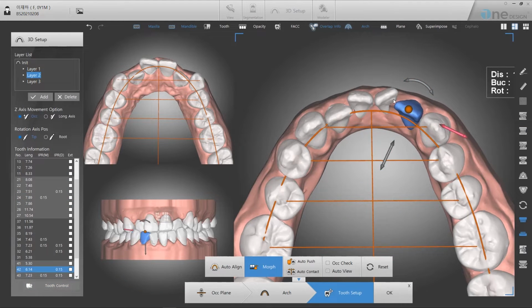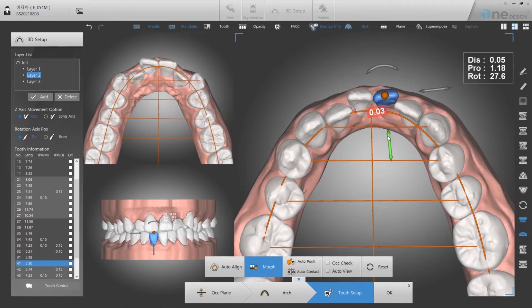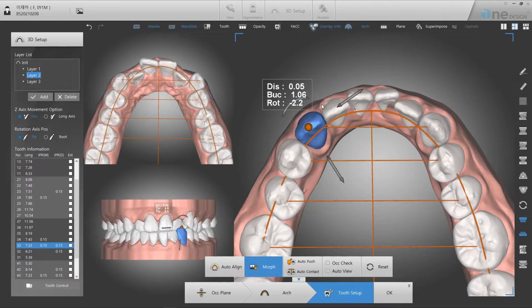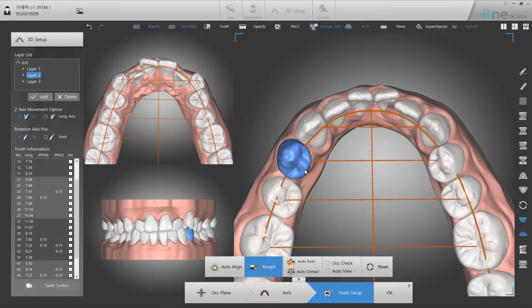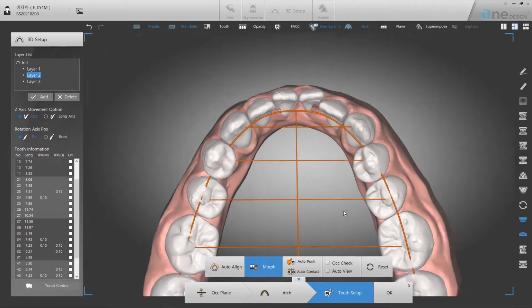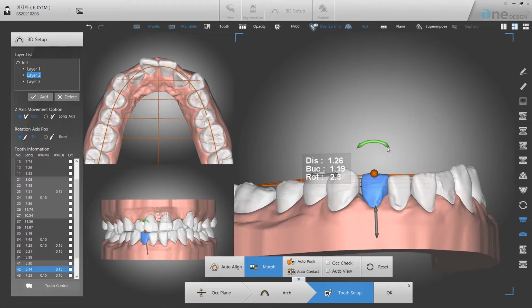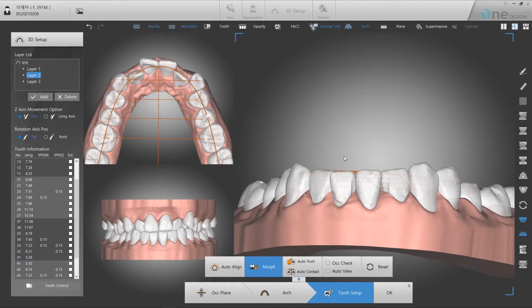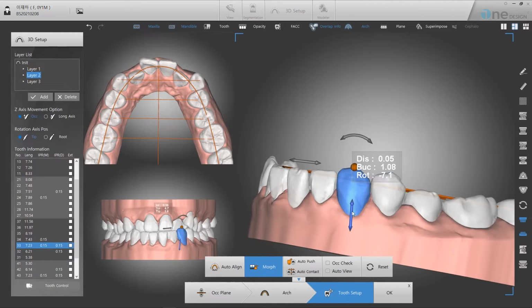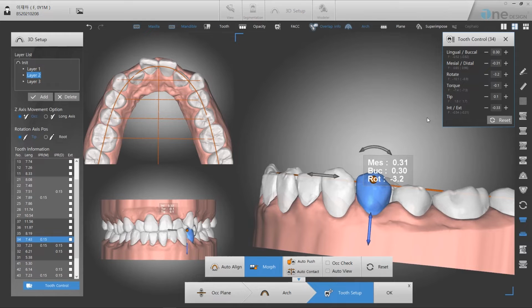In layer 2, rotate tooth number 41 while expanding the mandible. While rotating, adjust the axis through the minus tip with the same rotational movement.